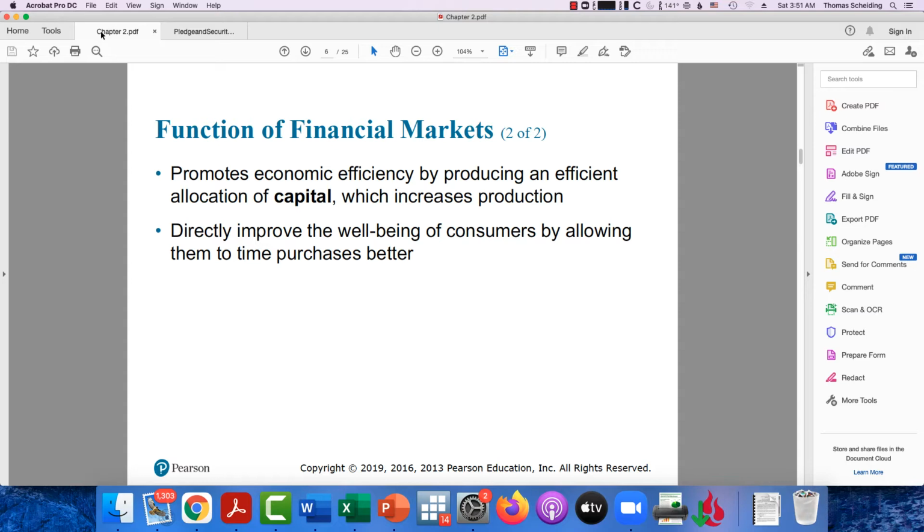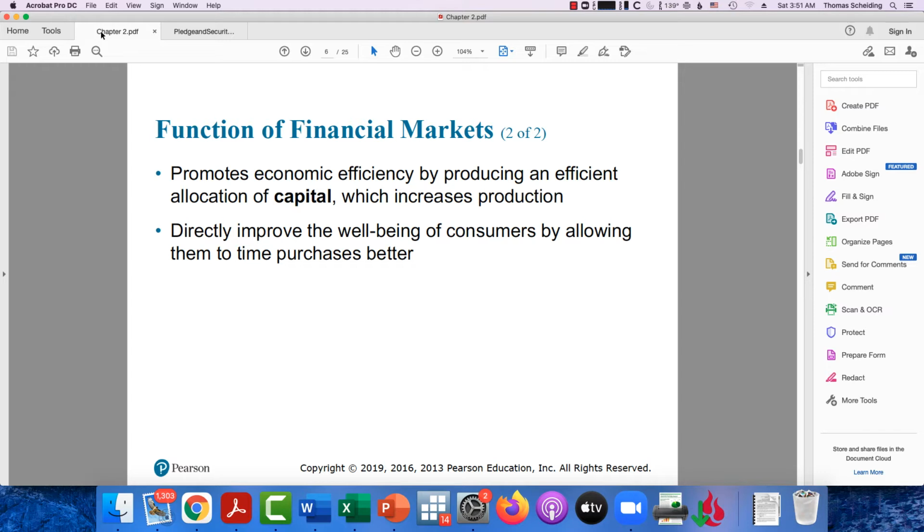What's beautiful about capital markets is that if someone has a good investment idea, they will get the funding for it. Even if they don't have collateral, even if maybe they've missed a payment or two, they will get the money, because all they have to do is raise the interest rate. As long as there's enough capital out there and some assessment of the risk, they will issue a loan of some kind.